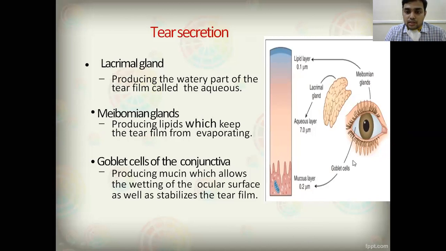And from the goblet cells of the conjunctiva, the mucus layer is secreted. This mucus layer helps in stabilizing the tear film by converting the hydrophobic nature of the cornea into a hydrophilic nature. So basically this is about the tear film and the various layers of tears which are secreted from the different glands and cells.